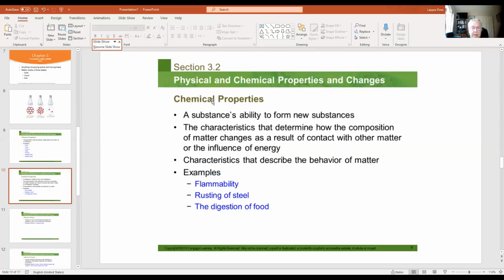But the chemical properties is a substance ability to form new substances. The characteristic that determine how the composition of matter changes as a result of contact with other matter or influence of energy. Example, flammability, rusting of steel, the digestion of food.